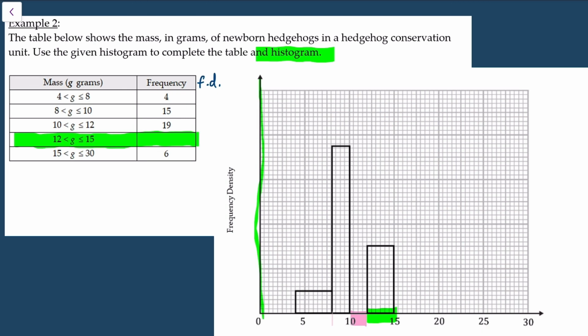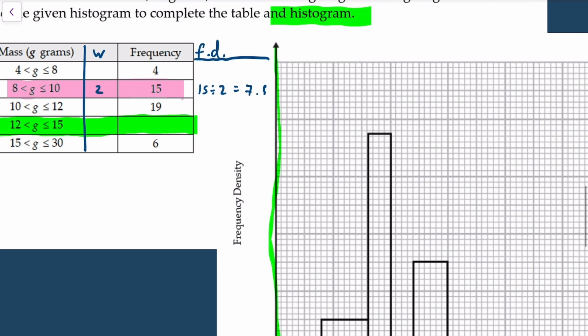So in this case, I'm going to use 8 to 10. 8 to 10 has got the frequency, and I can work out the class width. Remember, that's my width. Width is 2, frequency is there. So I'm just going to say 15 divided by 2 is 7.5. So I know that this here is 7.5.